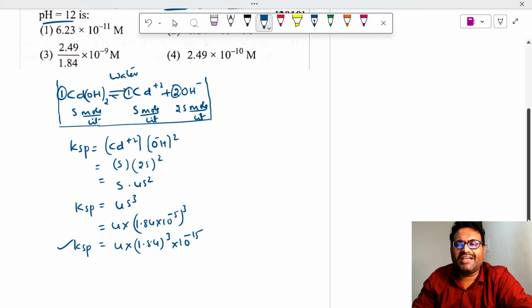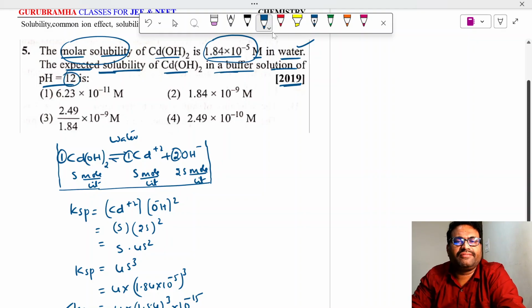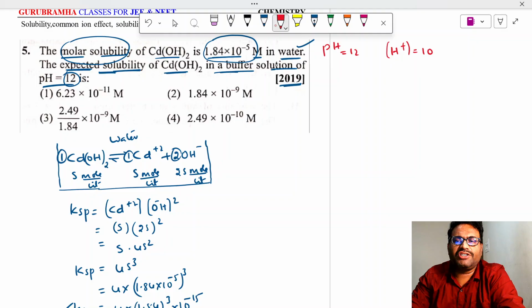Now what is being asked? The question asks for the expected solubility in a buffer solution of pH equal to 12. When pH is equal to 12, what will be the H plus ion concentration? H plus ion concentration is equal to 10 power minus pH, that is 10 power minus 12.